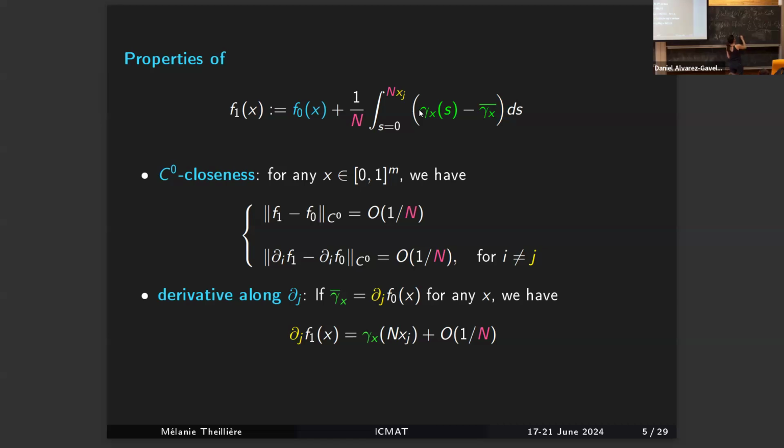So we have two terms: n times 1 over n, and the value of the term inside the integral. We take it at s equals nxj, so we have gamma x at s equals nxj, minus a constant for s, plus, as previously, this term, 1 over n, the derivative on nxj, gamma x, s minus its average.